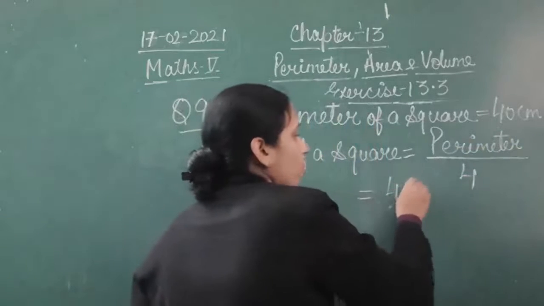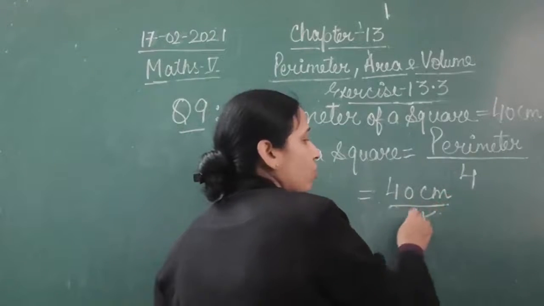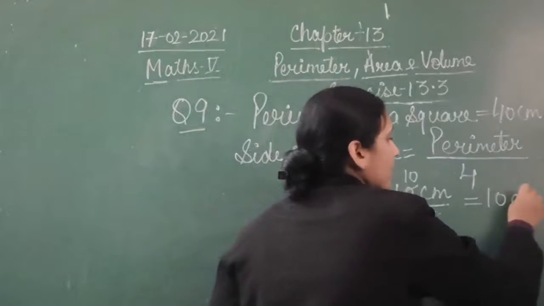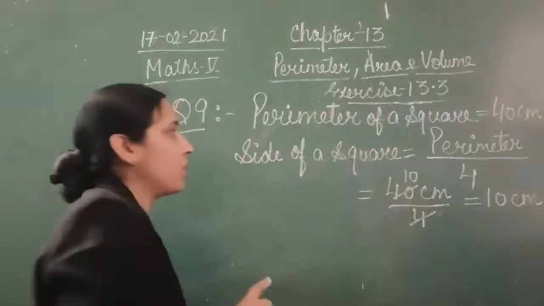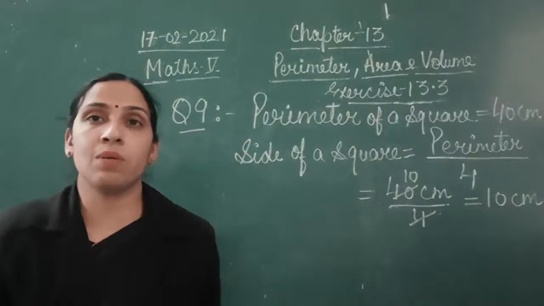What we will do is divide 40 centimeter by 4. 4 ones are 4, 4 tens are 40, so that will be 10 centimeter. This is the side of the square, 10 centimeter.